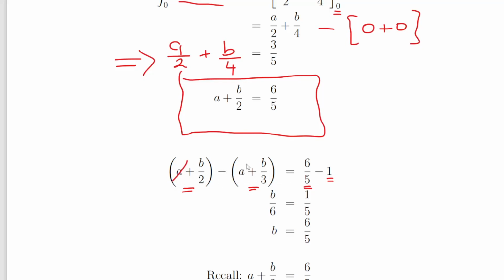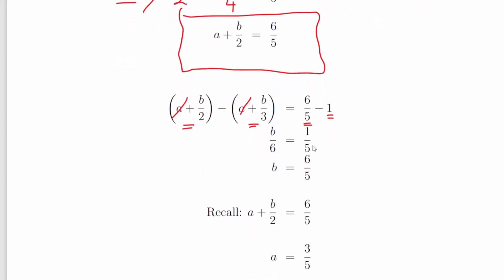Now the a values cancel out, so what we're left with is b divided by 2 minus b divided by 3, and that will equal 1/5. That means that b over 6, which is the difference of the two, is equal to 1/5.